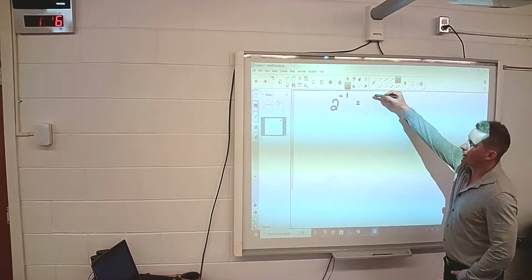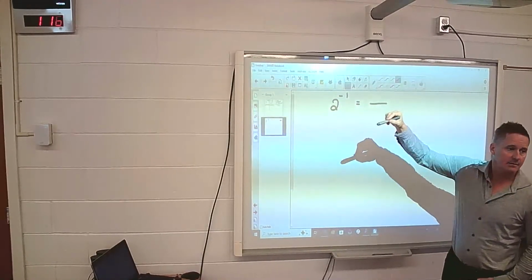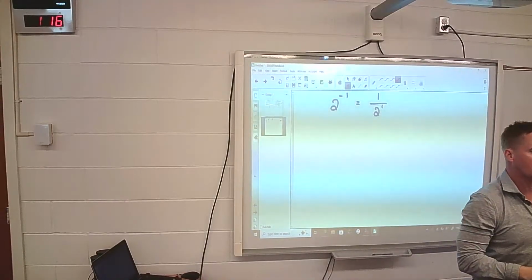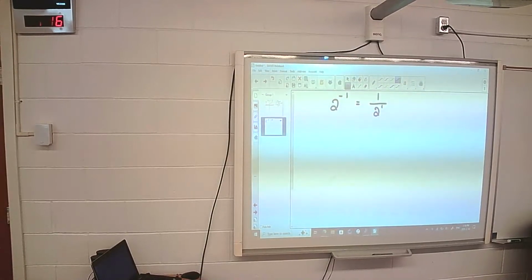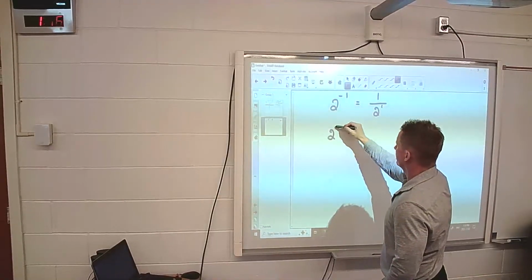Okay, very good. What we decided is we did this. We took it and we moved it to the bottom and changed the exponent to a positive. 1 over 2 to the power of 1. Well, what is 1 over 2 to the power of 1? It's a half. Now let's start looking at it in terms of this.